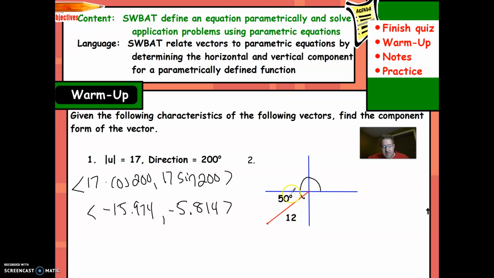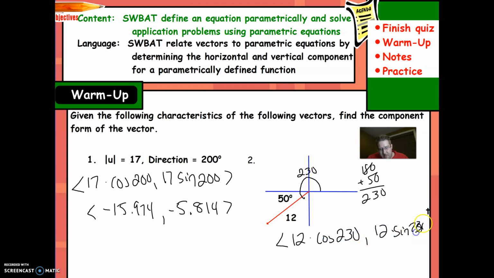All right, so for this question, this is going to also be in the third quadrant. Now, the first thing I'm going to do is figure out the angle. This is 50 degrees. I know 180 degrees is halfway around, so 180 plus 50 gives me 230 degrees. So this is a 230 degree angle, therefore it's going to be magnitude times cosine of 230, and then 12 times sine of 230.